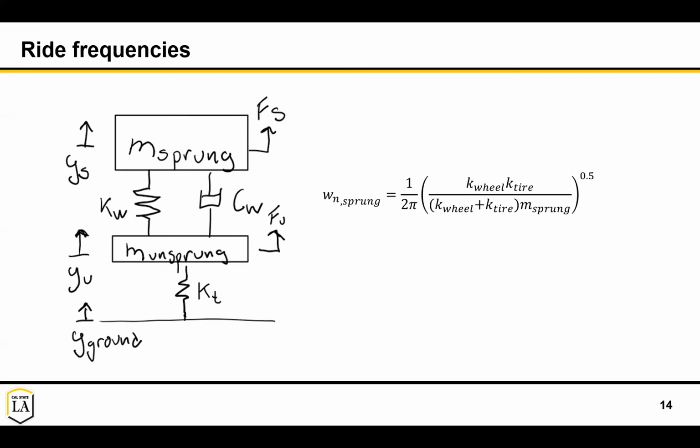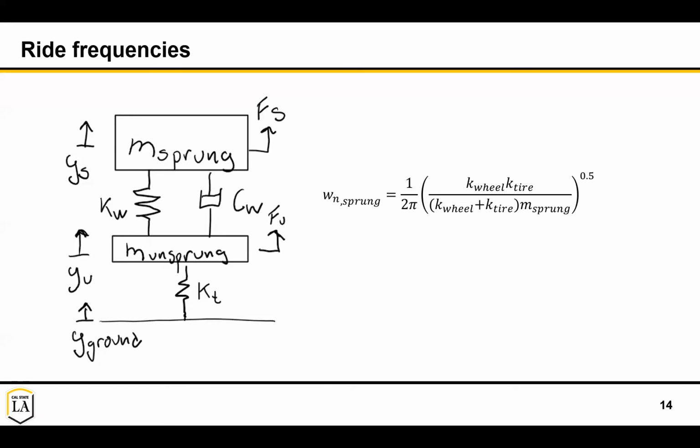Typically the ride frequency of the front will be on the order of 10 to 20% lower than the rear, partially because you don't want resonance between the front and the rear, but also because the front gets upset first when going over a bump, and then the rear, and then having them return back at the same moment, so that your vehicle is returned to static conditions as quickly as possible.